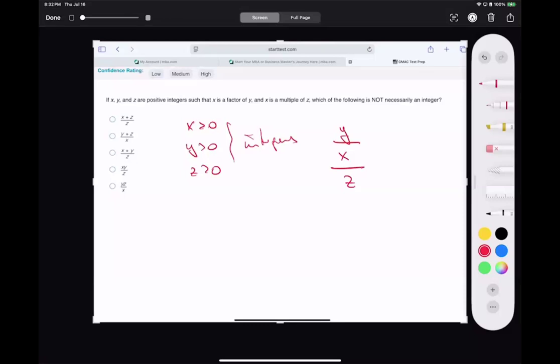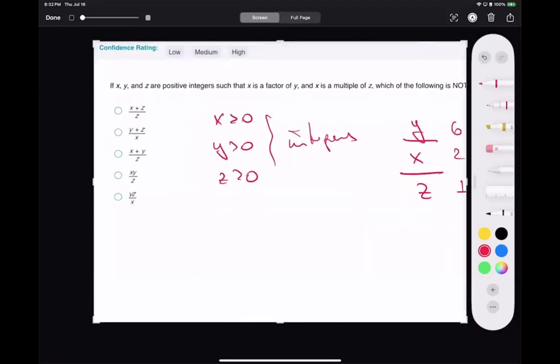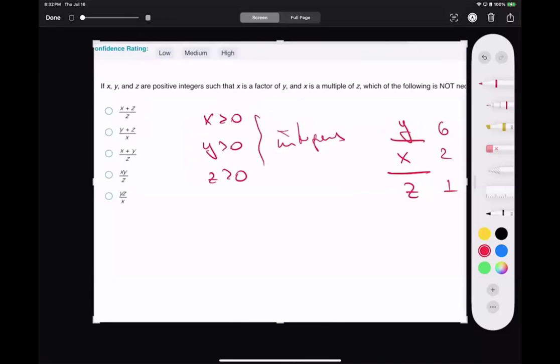Just plug in numbers and try. I put 6, 2, and 1. Is that okay? So, 2 plus 1 divided by 1.